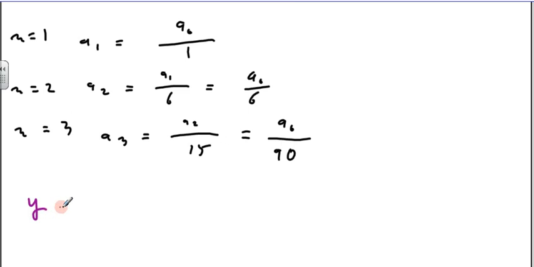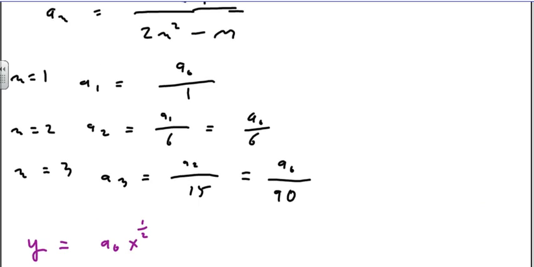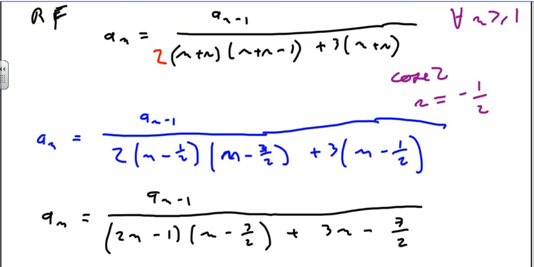Okay, so y is going to be a0 x to the, because r is, wait a minute, r is minus a half.